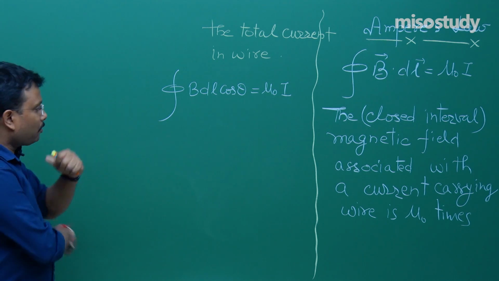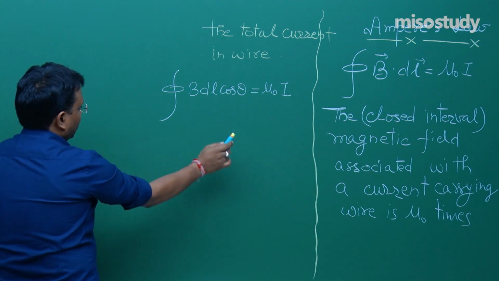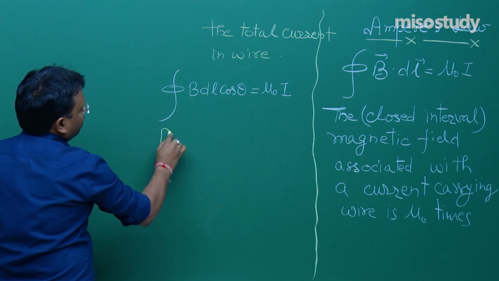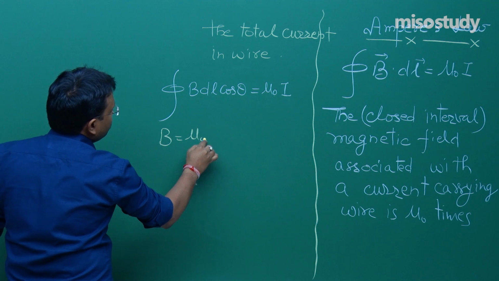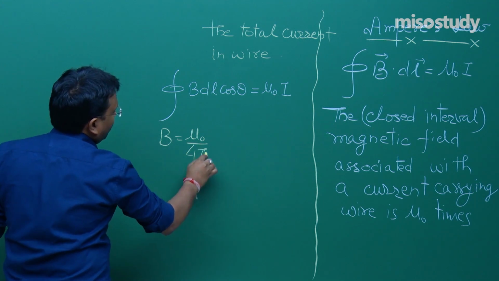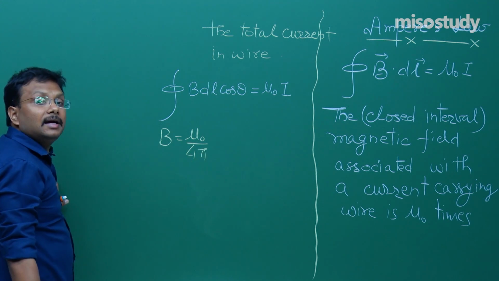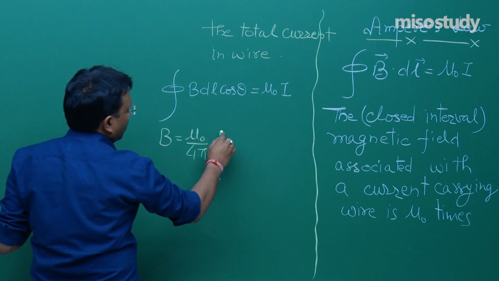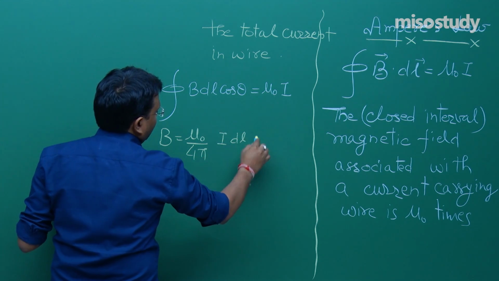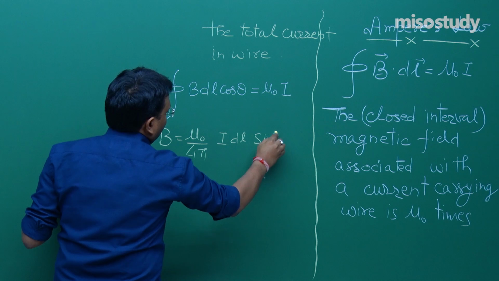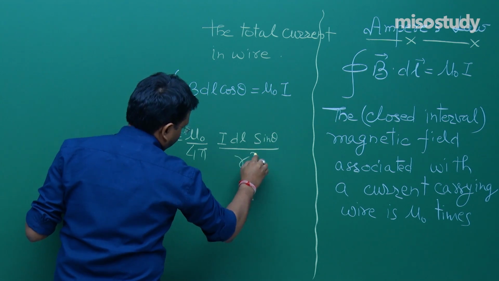Okay. Now, I will take the help of Biot-Savart law. I will use a different color chalk to show you, that B is equal to mu naught upon 4 pi, I dL sin theta upon R square.